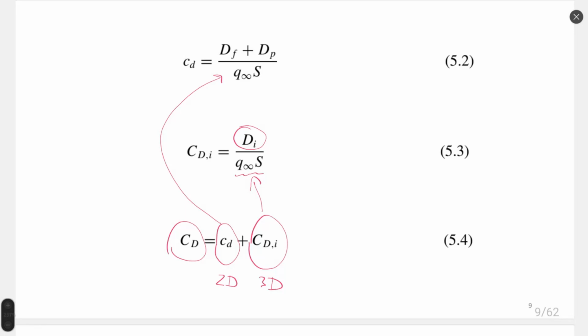One drag is associated with friction, dF, with the presence of the boundary layer and the shear stress, and the second part is associated with pressure, dP, the drag created by pressure forces. You remember that there could be some relation between dF and dP. For example, for airfoils, we know that dF is much more significant than dP.